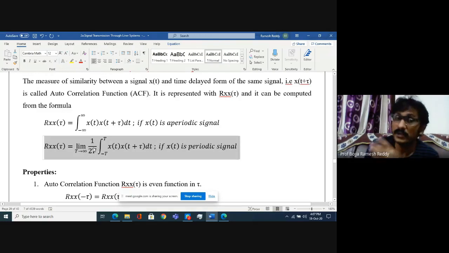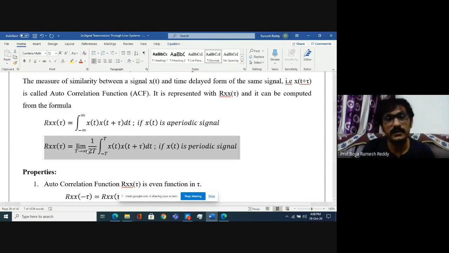That period may be T or 2T. If the period is 2T, take 1 by 2T from minus T to plus T. Suppose capital T is the period, then take 1 by capital T from minus T by 2 to plus T by 2. That is also correct. Apply the limit as T tends to infinity, because periodic signals extend from minus infinity to plus infinity with repetition cycles, if x of t is a periodic signal.